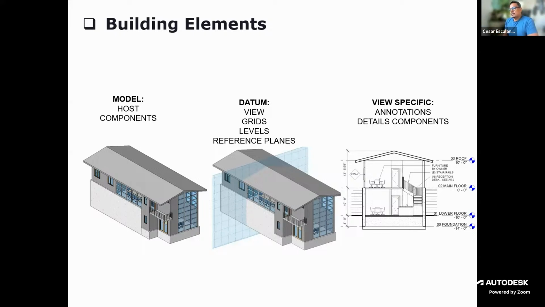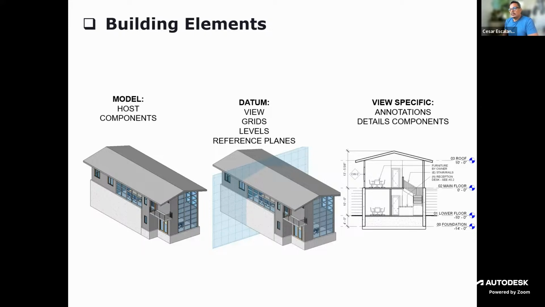Paper space is a two-dimensional area where you just paste tags and dimensions, and that's the same concept. A dimension, for example, only lives in a view. You place it in a section, that's it. You won't be transferring it into 3D space.